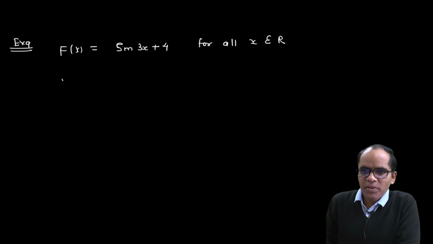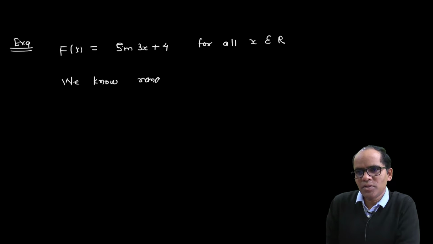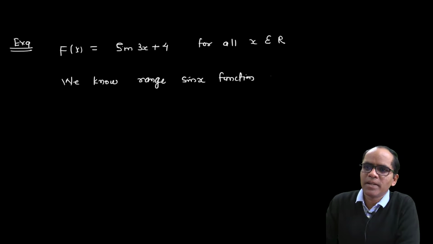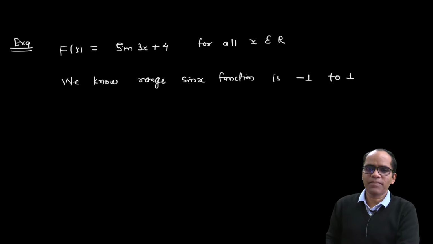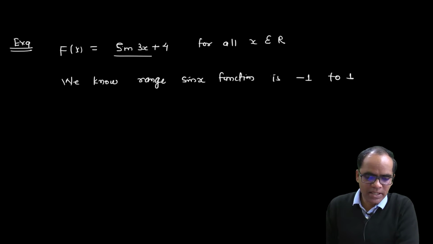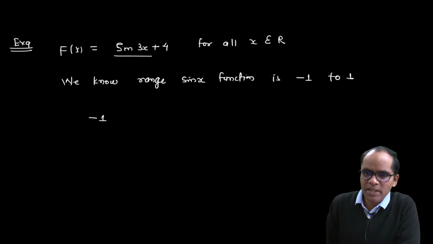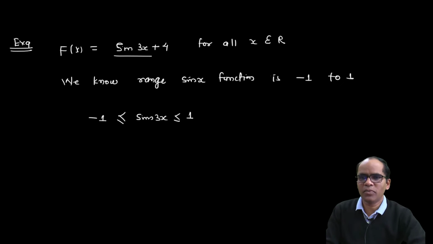So we know the range of the sine function is minus 1 to 1 only. Okay. So here the variable term is sine 3x. So we will take this.